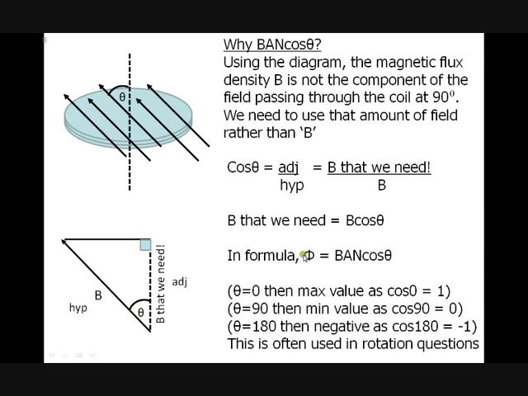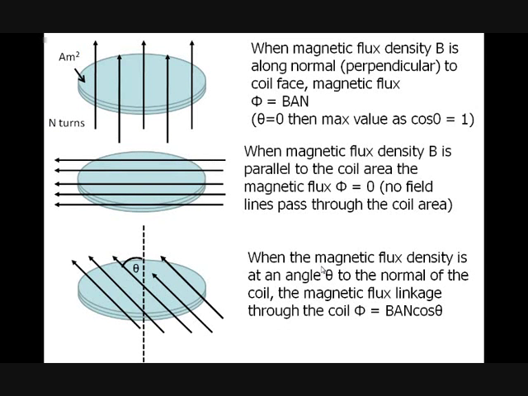You'd end up with a flux linkage here of a negative value. So this is often used in questions where it talks about the change in flux linkage. Here's some diagrams just to show you that. You can see this is when it's maximum, when the magnetic flux density passes directly through the coil. It's minimum when it's in this plane, and when it's at an angle, you use the formula BAN cos theta.